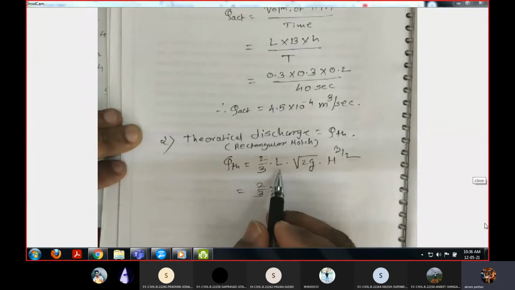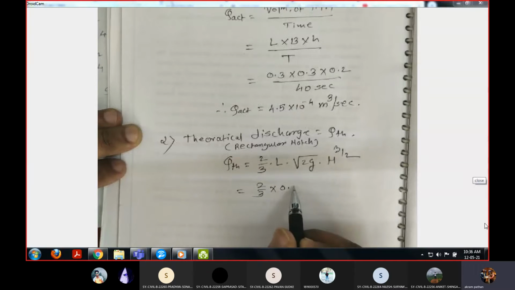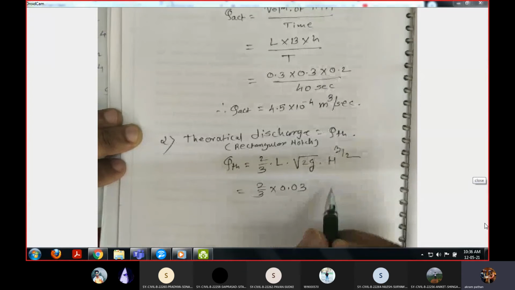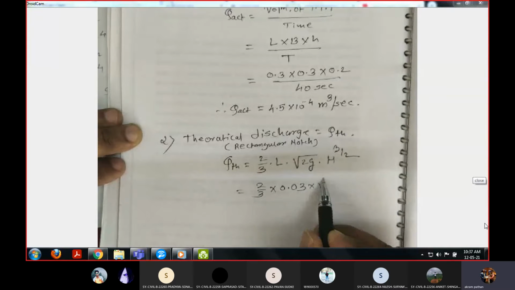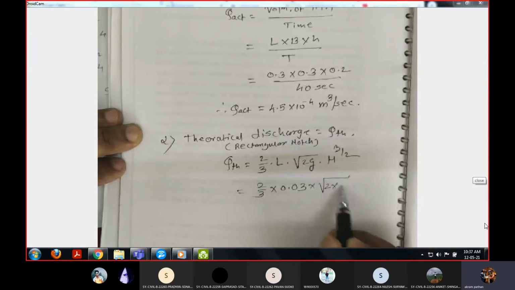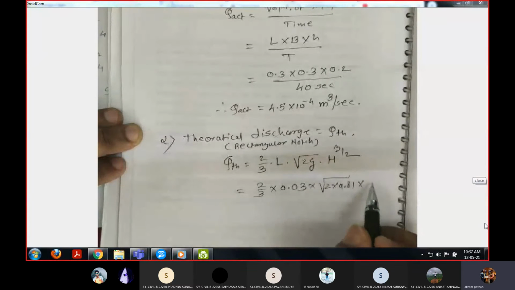The length of the notch is given 0.03, that is 3 centimeter, for example. Then under root 2 into 9.81 into H raised to 3/2.